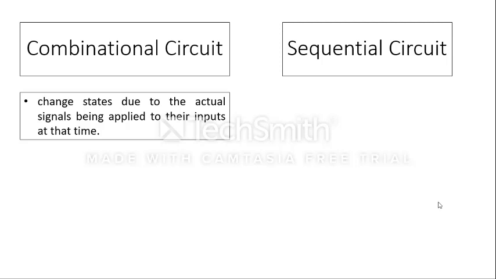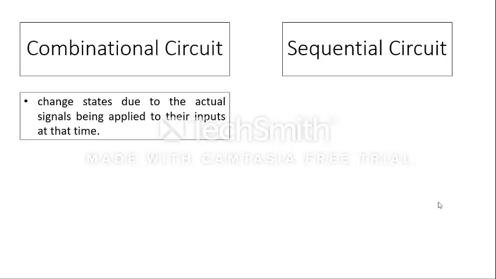If you look at the status of a combinational circuit, what is it actually? When a circuit changes state due to the actual signals being applied to the inputs, at that time you give the term combinational circuit. Think about the example a plus b equals c.